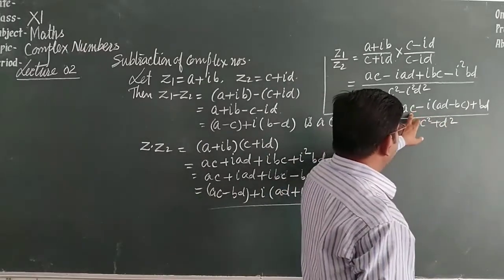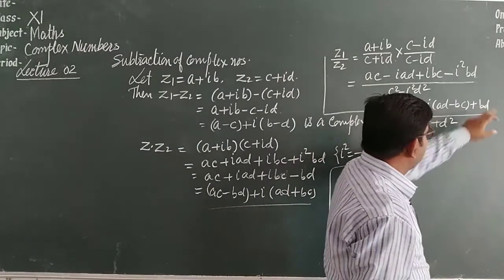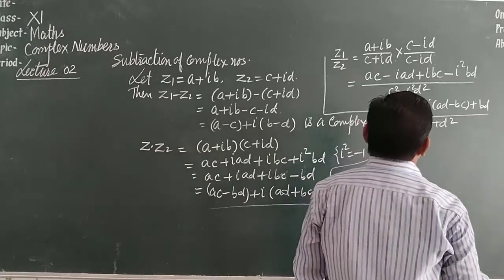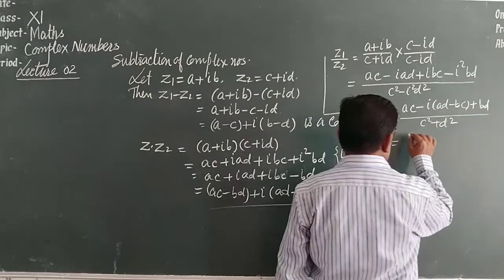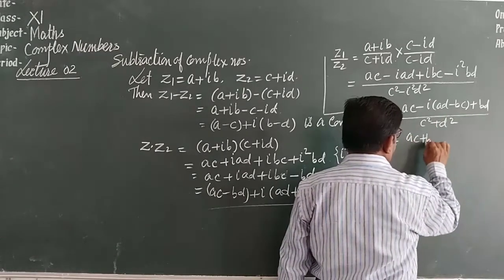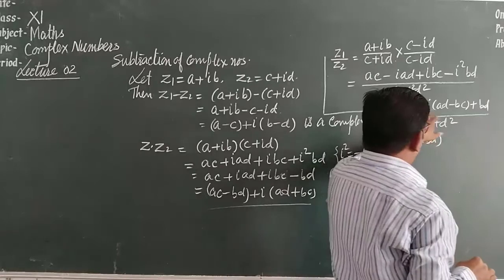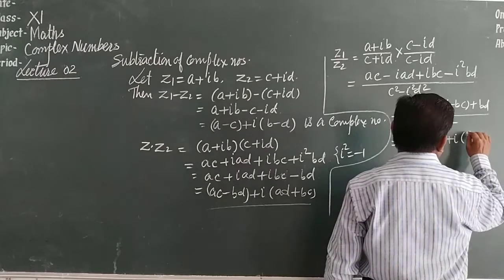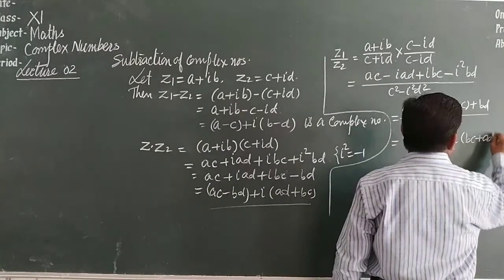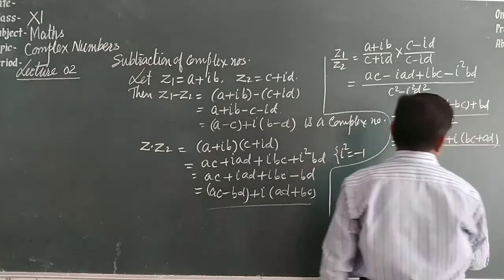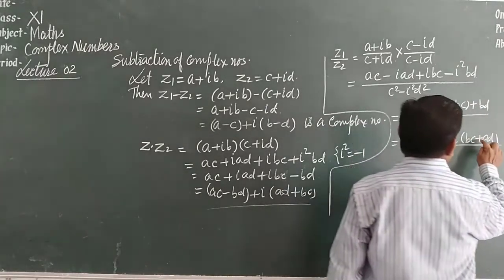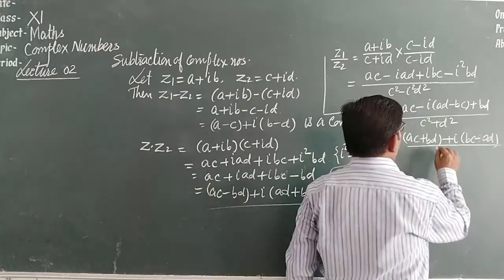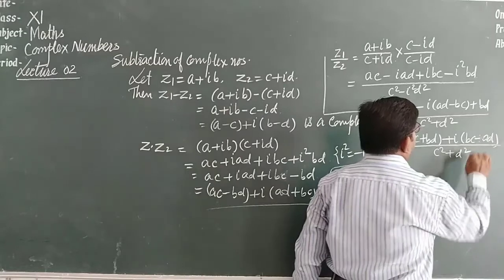See, ac plus bd, what is it? A real number. So ac plus bd in one bracket, take the minus sign common here, so we can write plus i times of bc minus ad, sorry, it is bc minus ad upon c square plus d square.